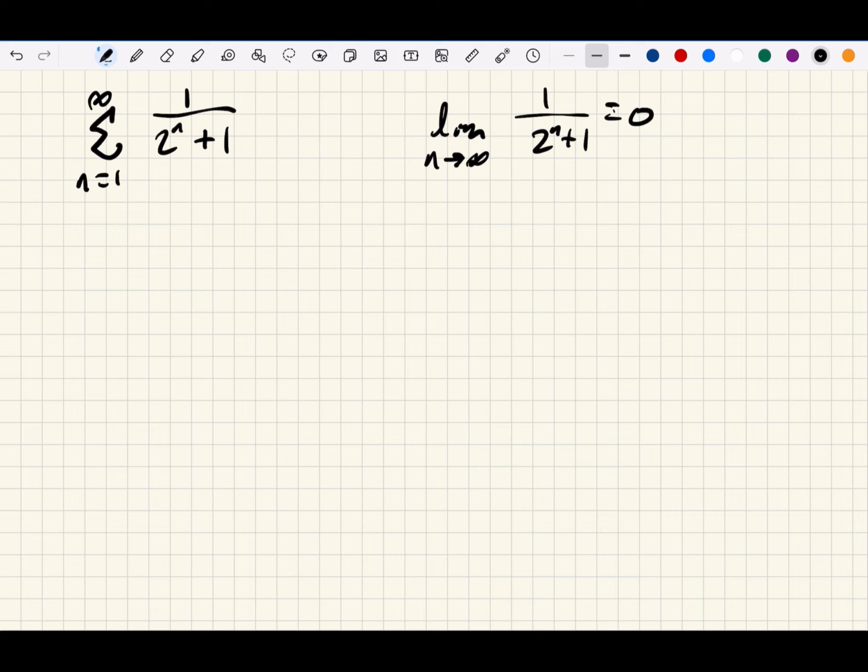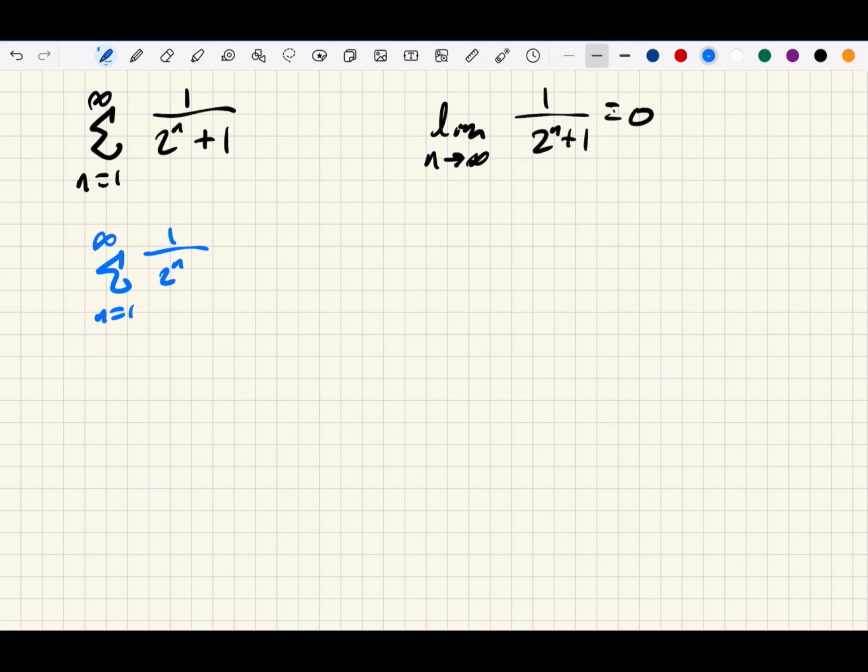Okay, so here's what I'm wondering. I'm wondering about this one right here: the sum n equals 1 to infinity of 1 over 2 to the n. In other words, what if I just eliminate that plus 1? Now, I know for sure that 1 over 2 to the n plus 1 is smaller than 1 over 2 to the n for all n, right?